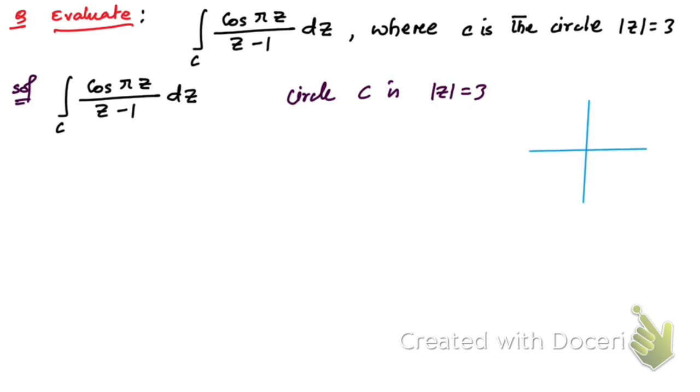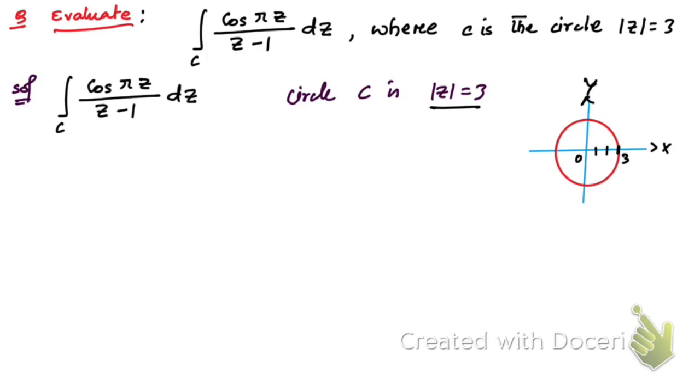This is the x and y axis, suppose this is x, this is the y axis, and here is the circle. Here you can see the radius is 3, so this is 1, 2, and this must be 3, right? This is 3.